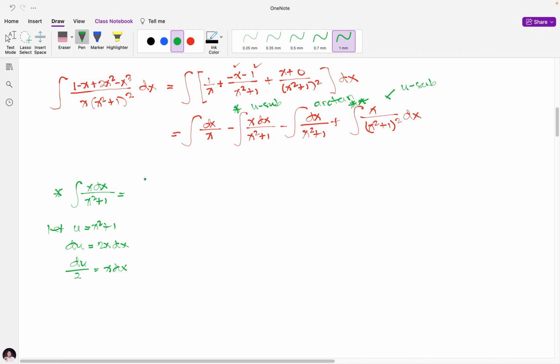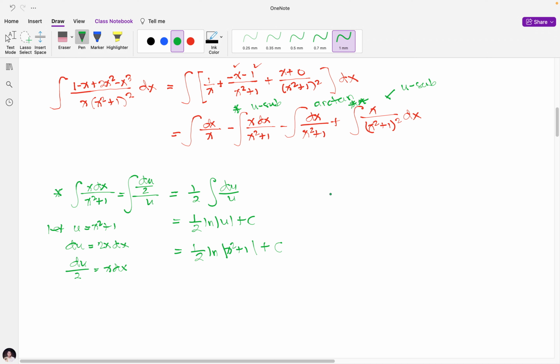So that is now the integral of du over 2 over u, which is 1/2 integral of du over u. So we have 1/2 ln of u plus c, or 1/2 ln of x squared plus 1.